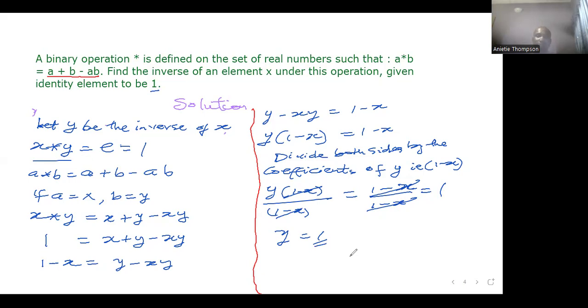So we can say that the inverse of x is y and is equal to 1.